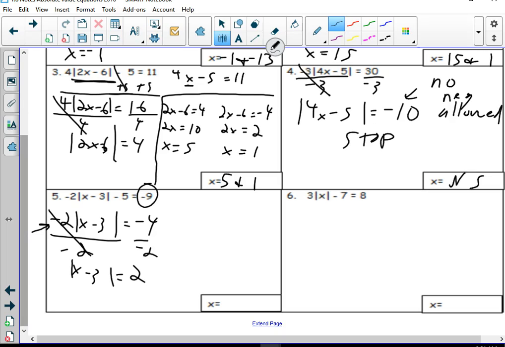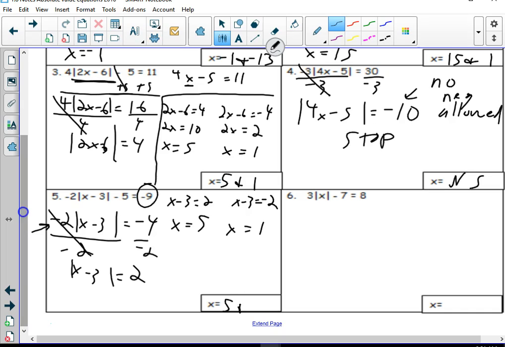But we can't stop now because it is a positive number. So we do x minus 3 equals 2, x minus 3 equals negative 2. We're going to add 3 to both sides. 5 and 1. And I promise you they work out.